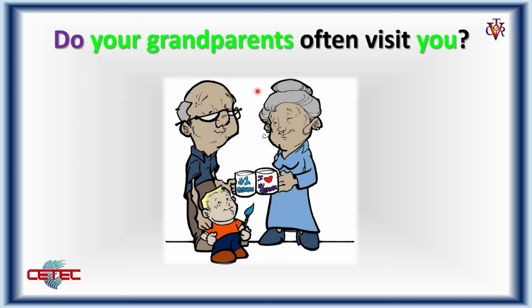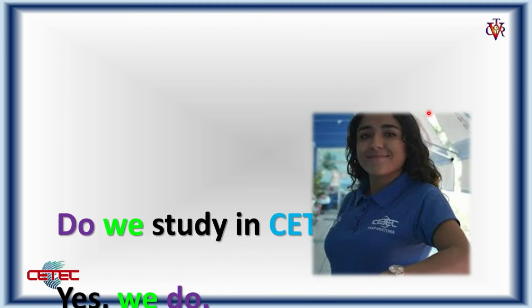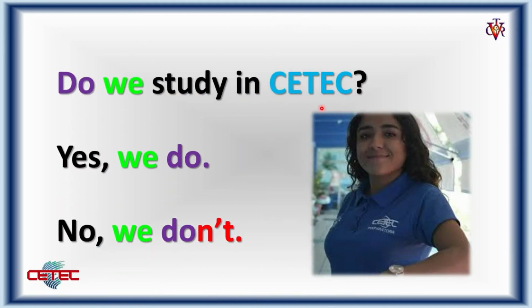And now, if you remember, the structure mentioned that you have to use do plus the subject they, we, you. In this case, they, you have to use do. Do your parents often visit you? Let's see you answer. You can answer, yes, they do. No, they don't. Do we study in CETEC?